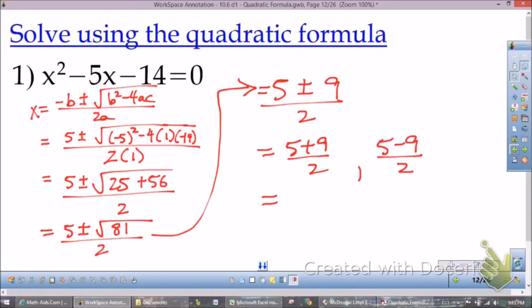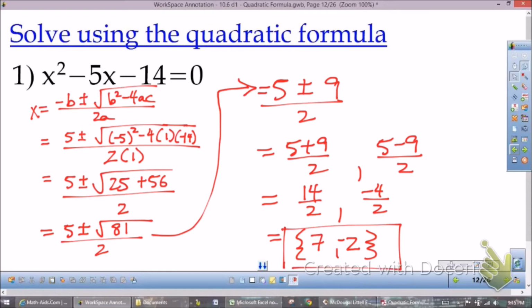Okay, 5 plus 9 is 14 over 2, and 5 minus 9, we got a negative 4 over 2. And our two solutions are 7 and negative 2. Don't forget the negative. You use set notation right here. And booyah, we're done.